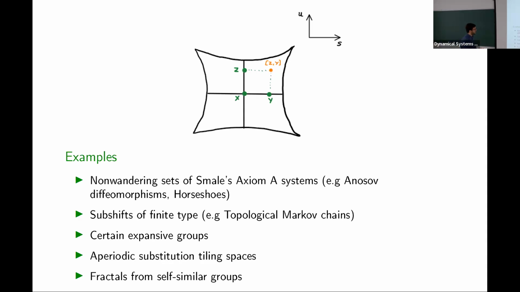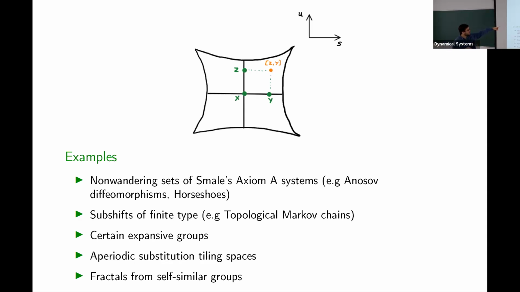And as Martin said, you go to y and you take the unstable manifold, a small piece, and you go to z, which is close to y, and you take the stable piece, and these will intersect at one point only, okay? And that will be the point.